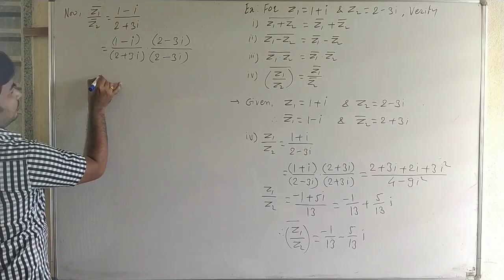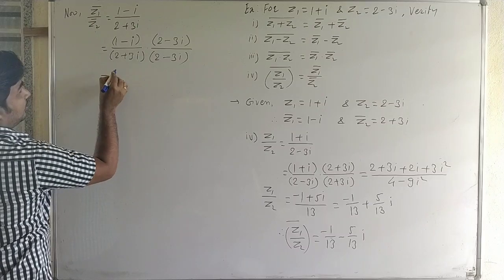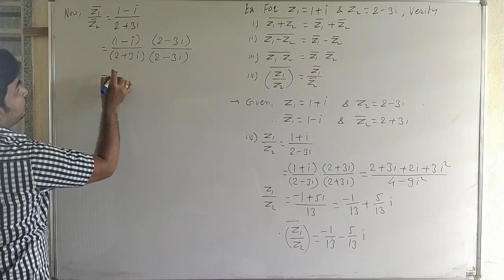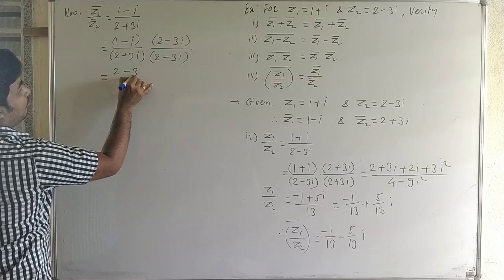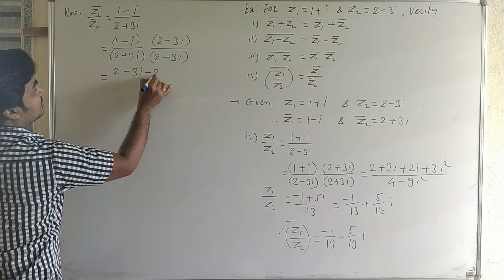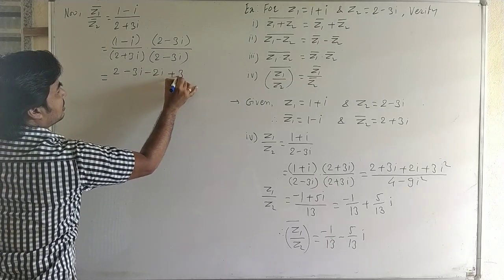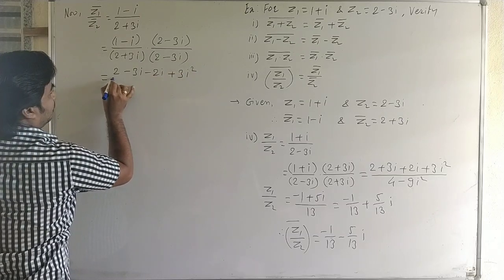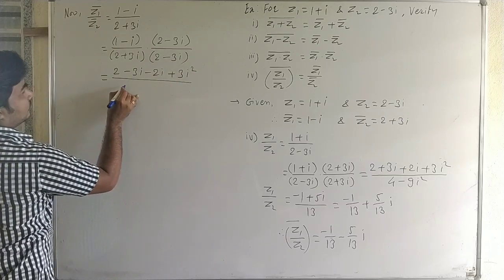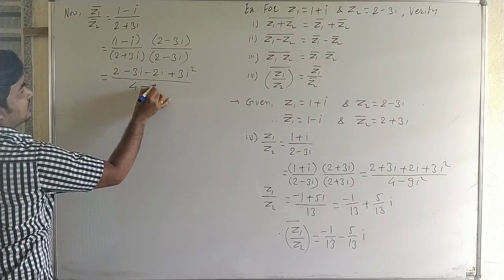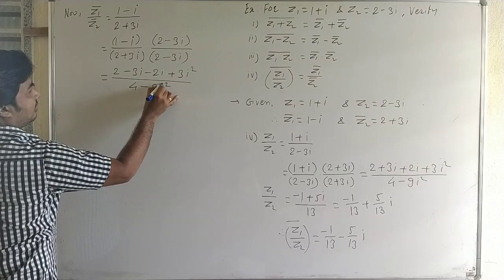Then 1 into 2 is 2, minus 3i minus 2i and plus 3i square, upon 4 minus 9i square.